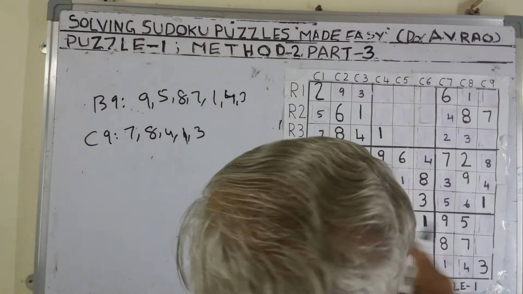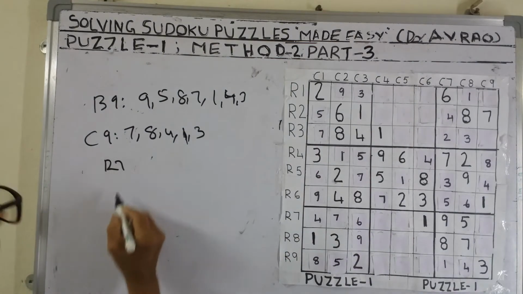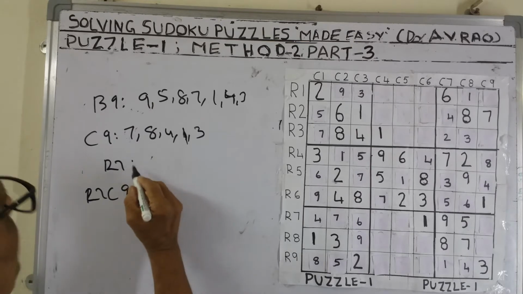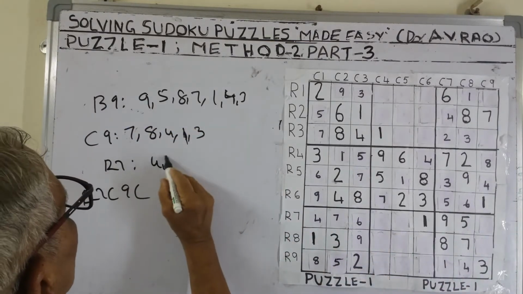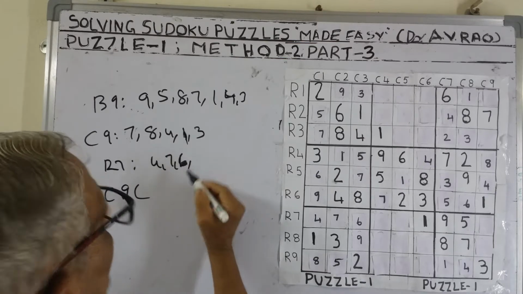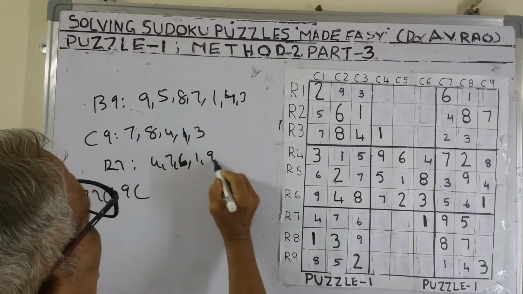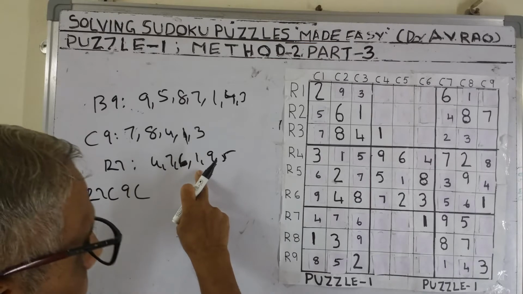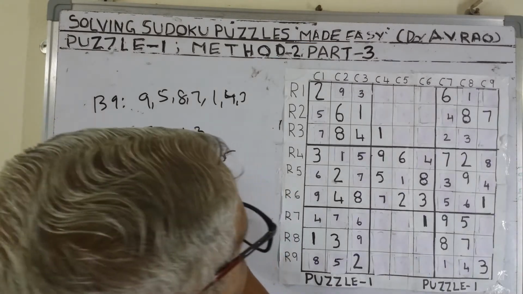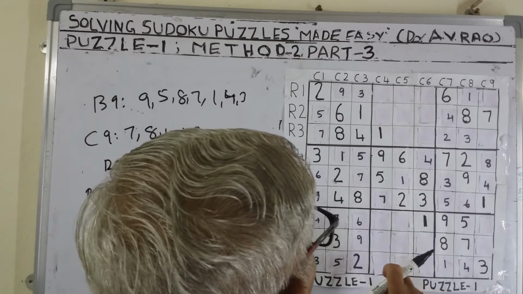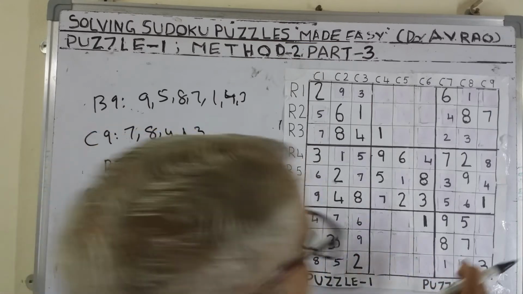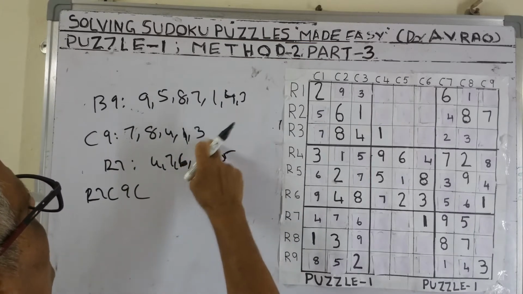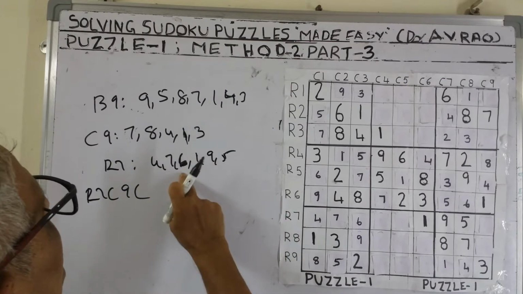Let us take row R7. We have to fill up the R7 C9 cell. So row R7 is 4, 7, 6, 1, 9 and 5. 1 is there, 2 is not there, 3 is there, 4 is there, 5 is there, 6 is there.